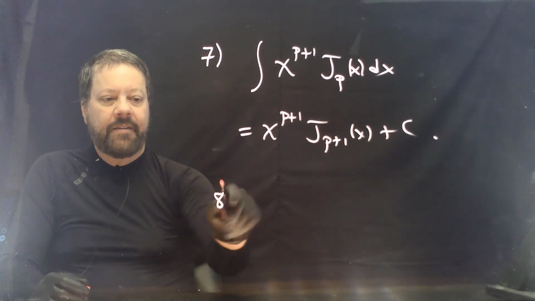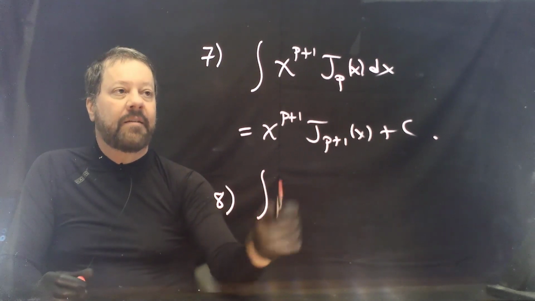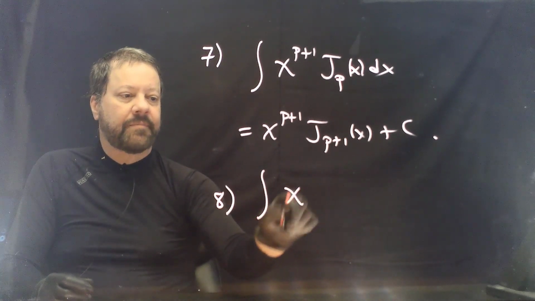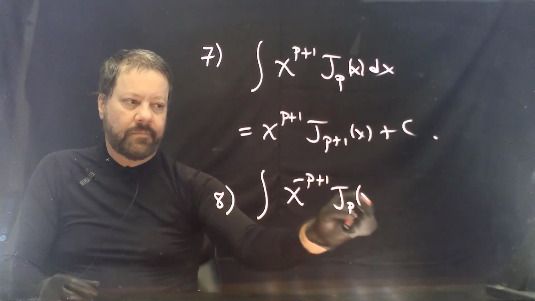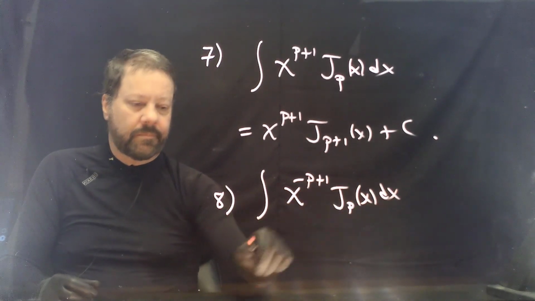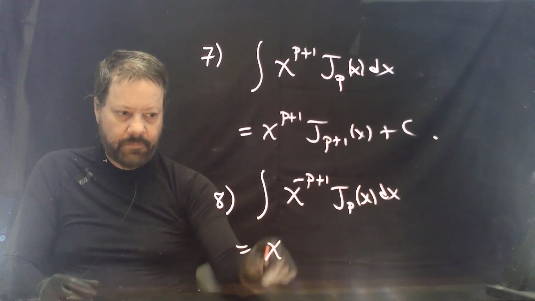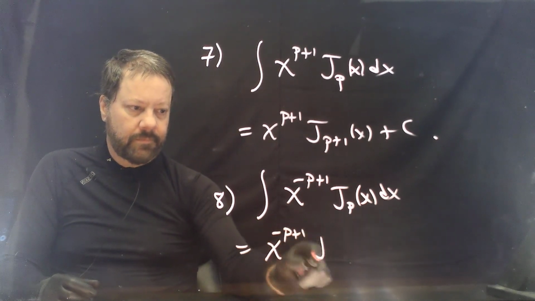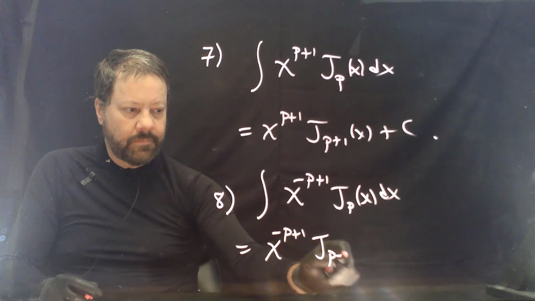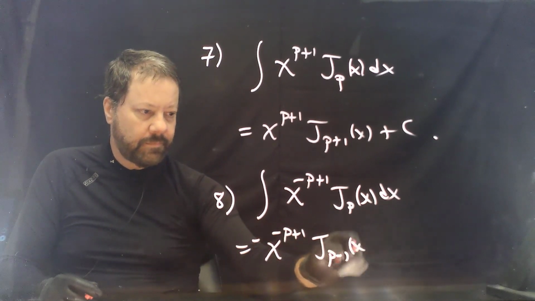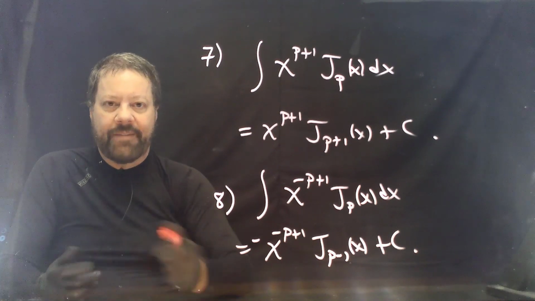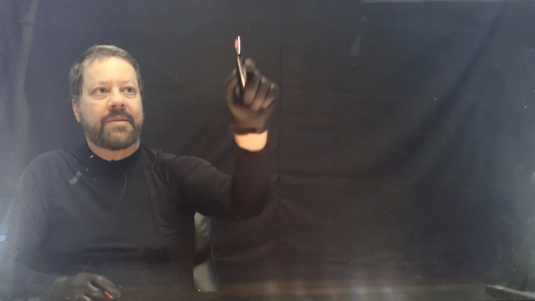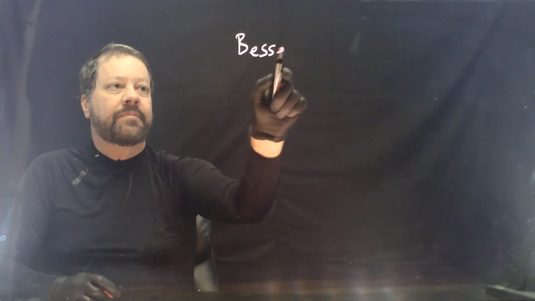And then integrating the second identity, we have this.